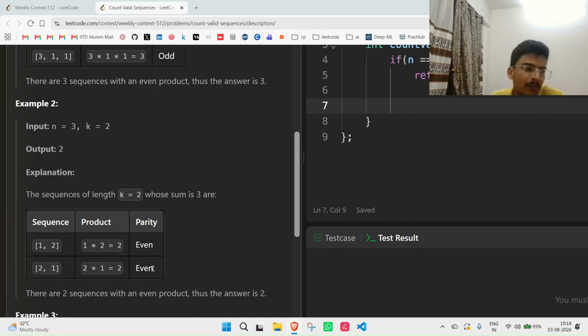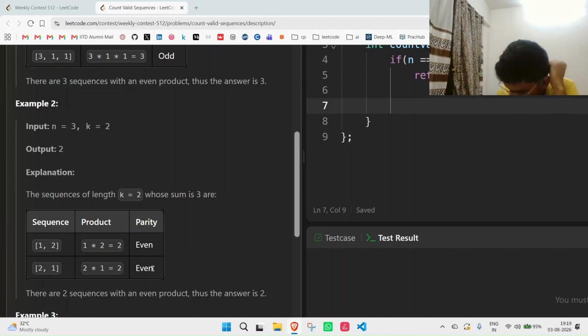The state can be dp of i comma sum, which denotes the number of sequences till index i of the original array which have a sum equal to sum. What will be the transition in that?